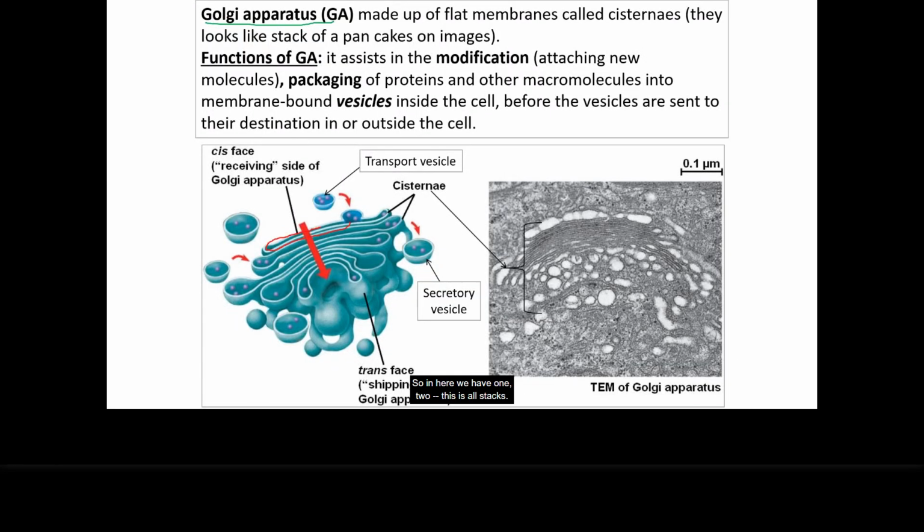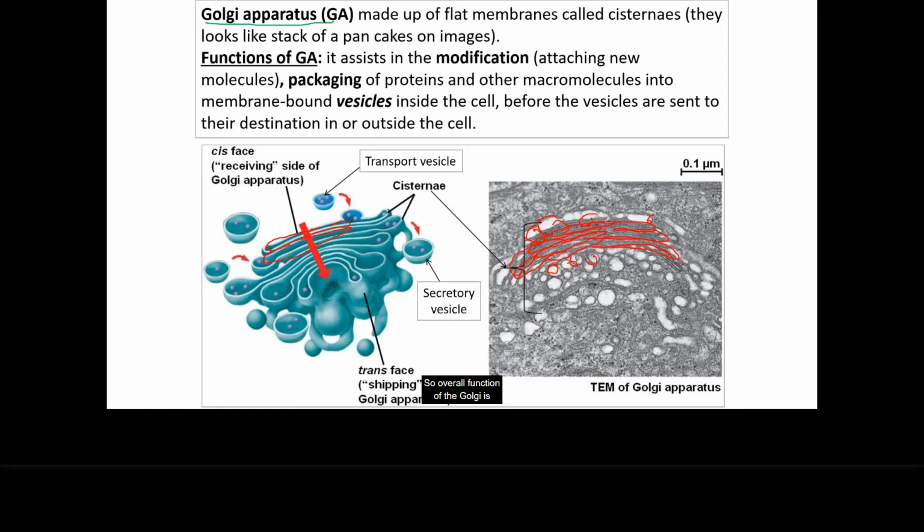In here we have these stacks, a lot of membranous stacks like pancakes together. This is all Golgi, and you can see around it these little vesicles, which we will talk about close to this Golgi.